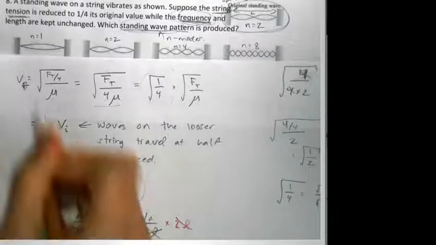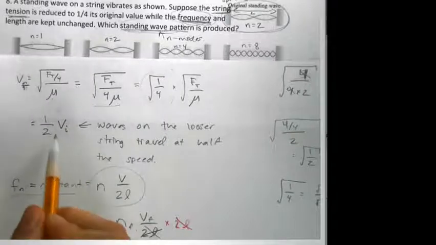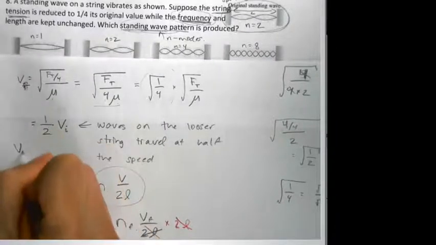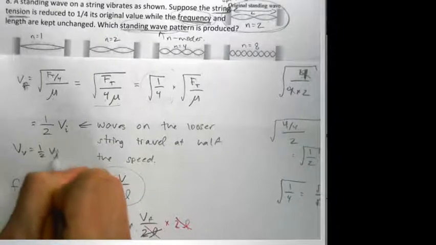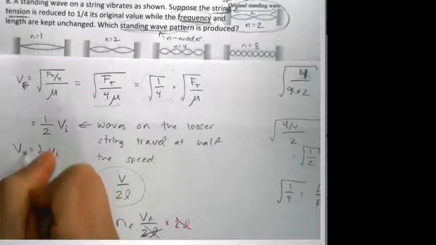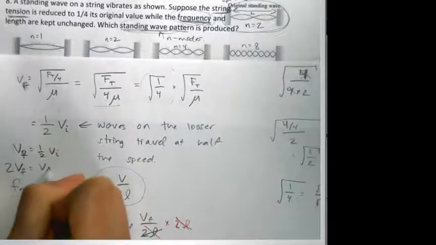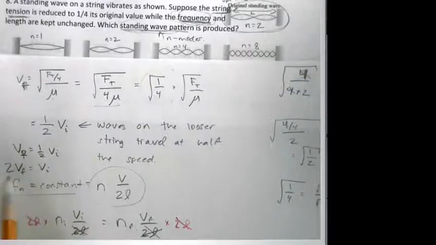So we'll say V final is 1/2 V initial. Or we could say that 2V final equals V initial. Either one of those would be fine. I'm going to go with this one since I don't have a fraction and that's easier.